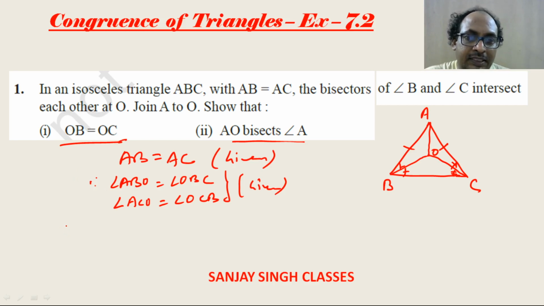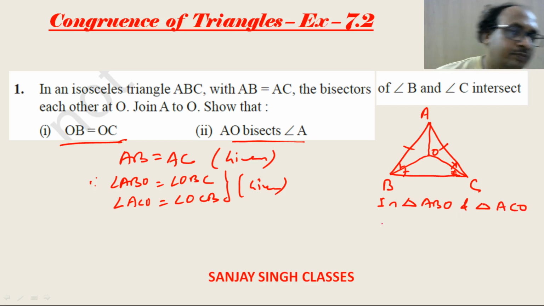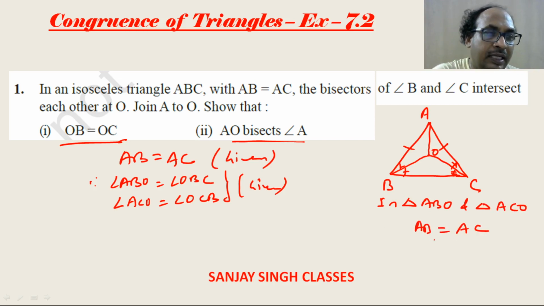So let us take it in triangle ABO and triangle ACO. In triangle ABO, we do have AB, and in triangle ACO, it is AC. So it is given because it is an isosceles triangle, right?